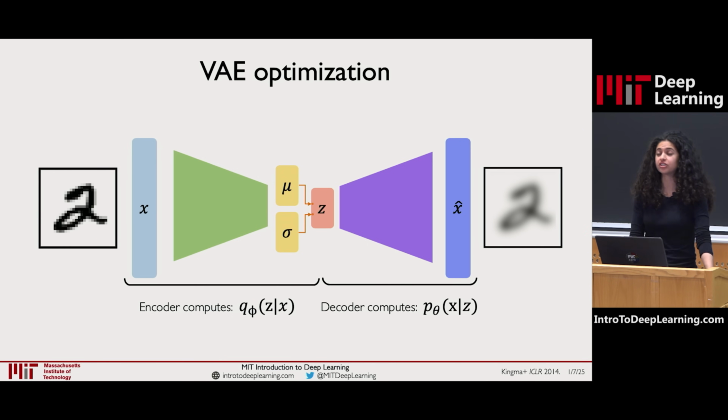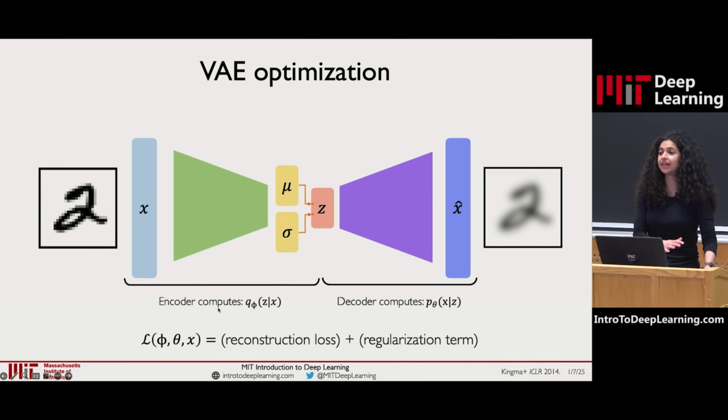These two networks are defined by two separate sets of weights, phi and theta, but we can train this network completely end-to-end with one loss function that's going to be a function of the input data and these two sets of weights, phi and theta.